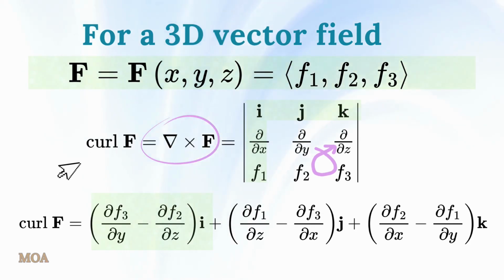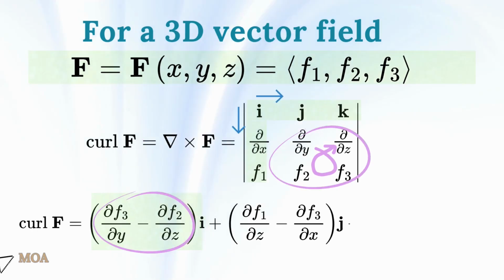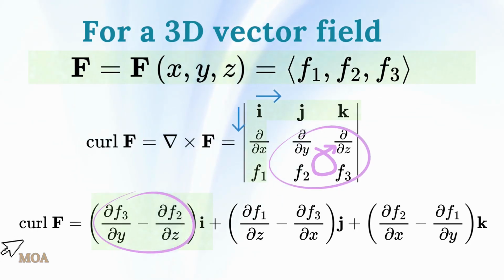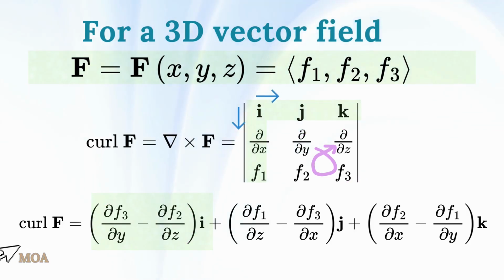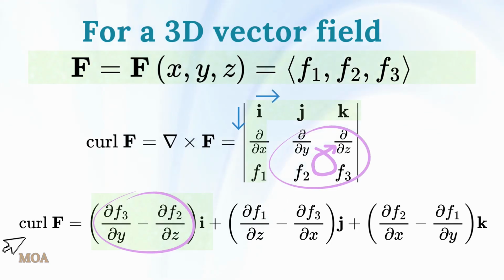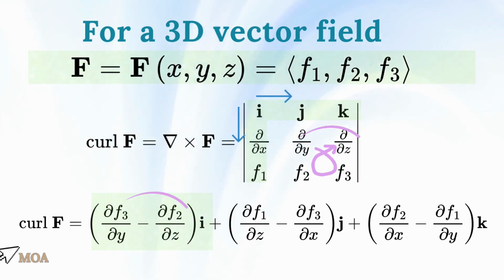Since the curl of F is also defined by nabla cross F, to find the curl of this vector field, we write on the top the three unit vectors, i, j, k, in the first row. After this, we place in the second row the components of the nabla operator: partial derivative with respect to x, partial derivative with respect to y, partial derivative with respect to z.